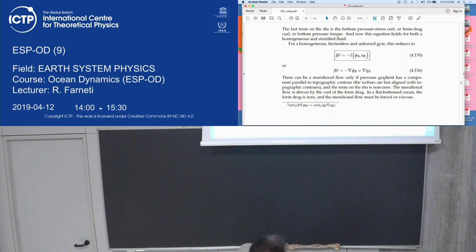Okay. So that means that even if the gyre is not forced and there is no friction, you can induce a meridional flow just because you have a pressure gradient, because after you vertically integrate, the pressure gradient doesn't go to 0 because you have a bottom relief. So that bottom relief maintains a pressure gradient, and if there is a pressure gradient, there can be a meridional flow.